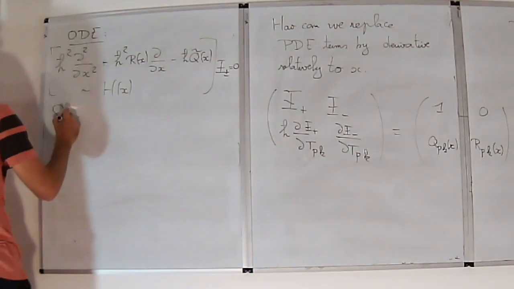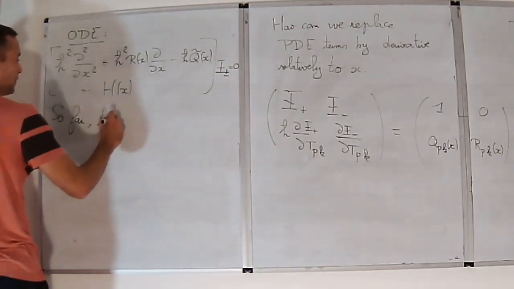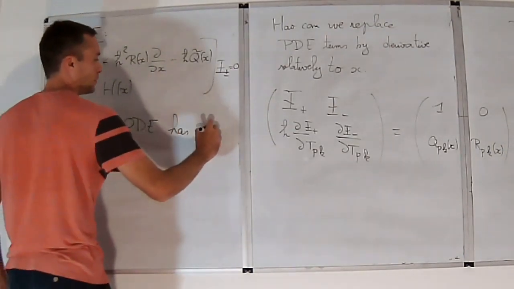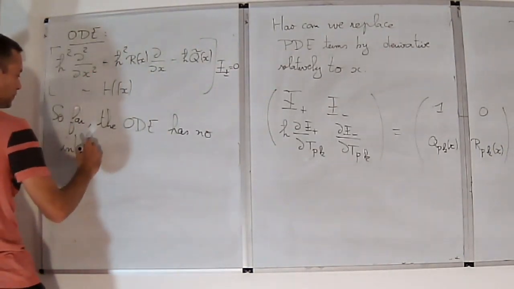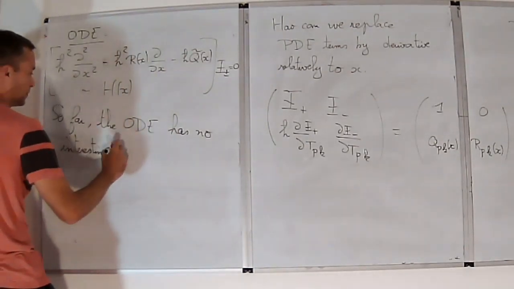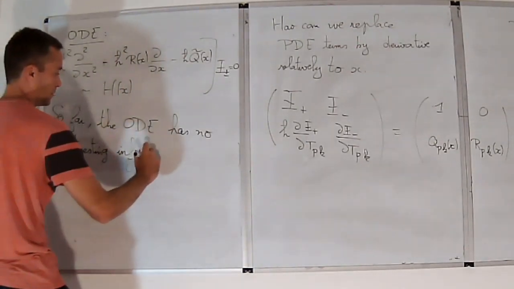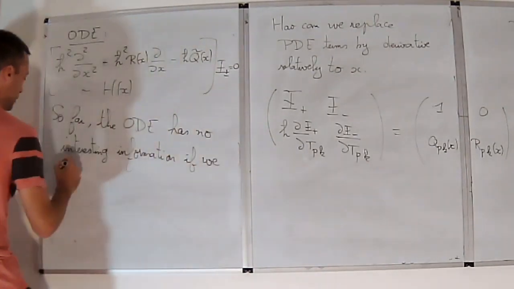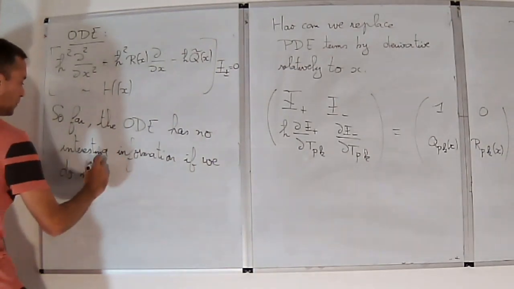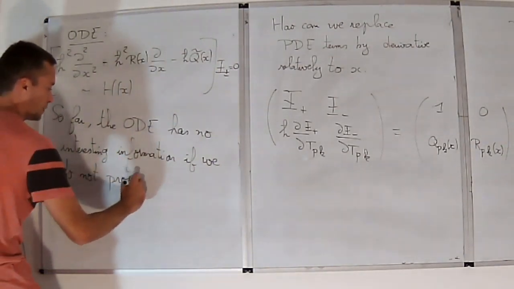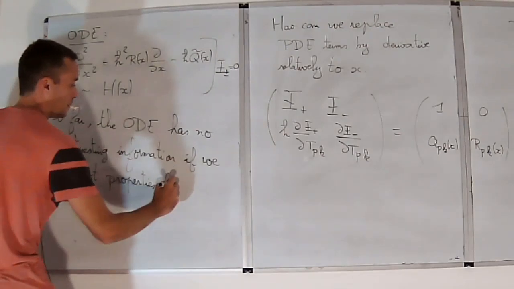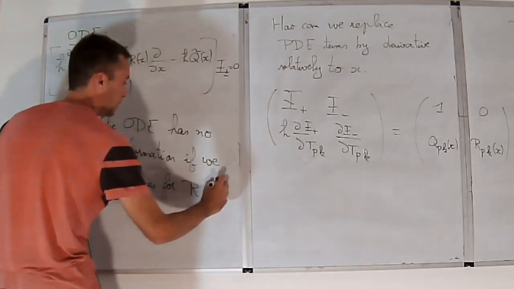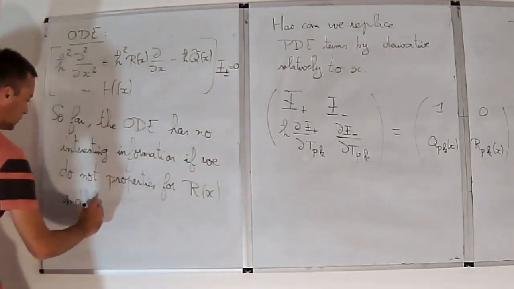So far, the ODE has no interesting information if we do not have properties for R and Q tilde.